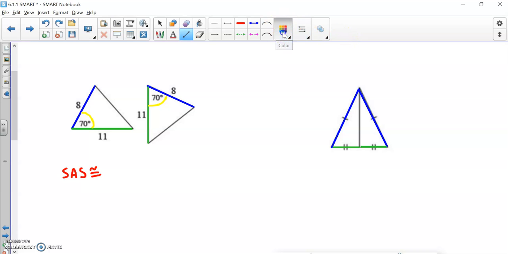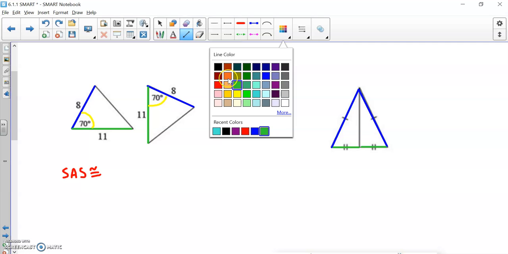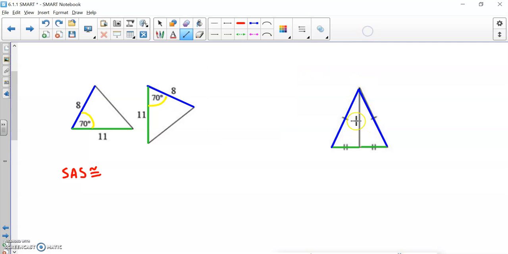But it's very important to note that if the two triangles are sharing a side, that side actually counts as a matching pair. The reason is that if we were to separate these two triangles, this is going to be kind of rough looking, but here's one triangle, and then here's the other triangle.